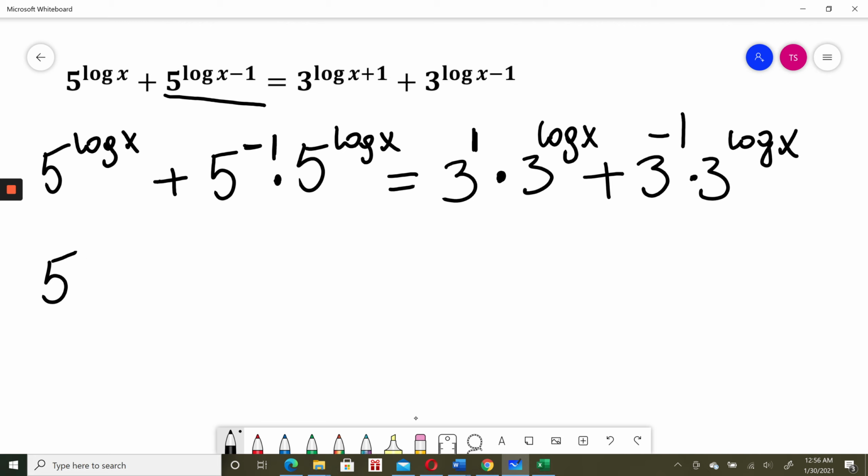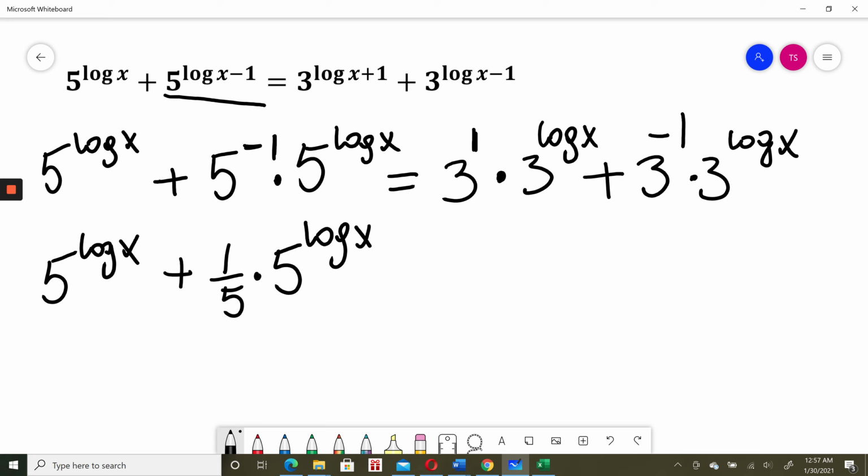Next step, 5 log x, nothing here. 5 to the power of negative 1 is just 1/5. Three to the power of 1 is just 3. Here, 3 to the power of negative 1 is just 1/3.